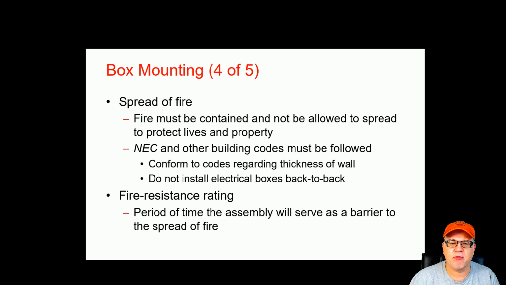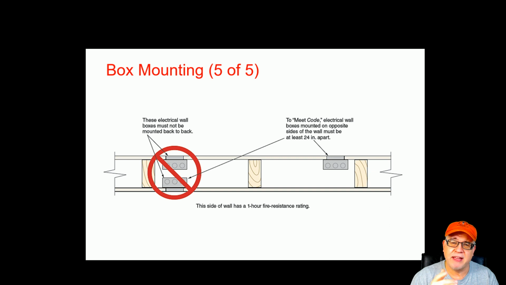Now, fire resistant ratings: when we give something a fire rating, we're actually saying it's the period of time the assembly will serve as a barrier to the spread of fire. So take this example here. Let's say in this wall, we're on this side of it, which is the bottom. This side of the wall has a 1 hour fire resistant rating.